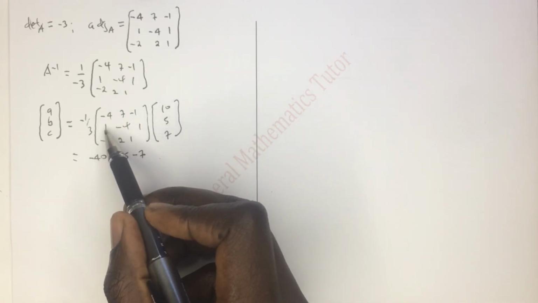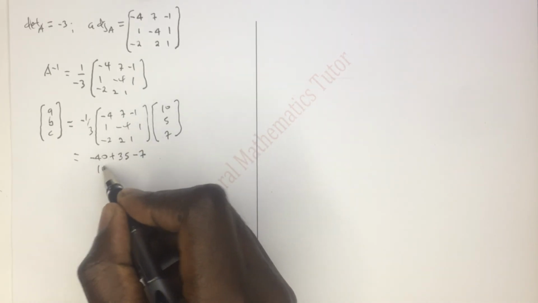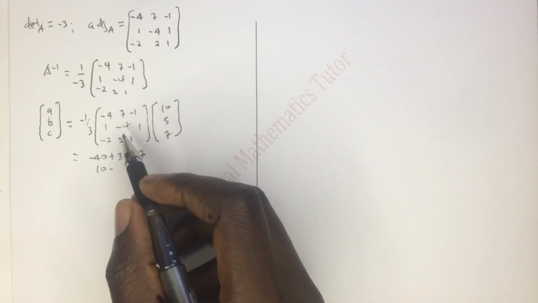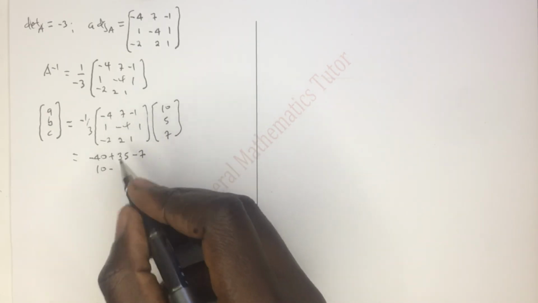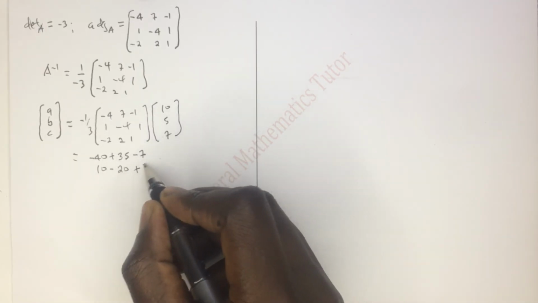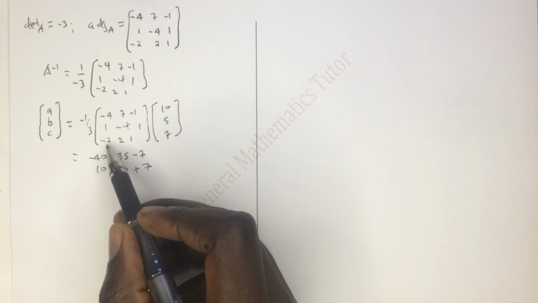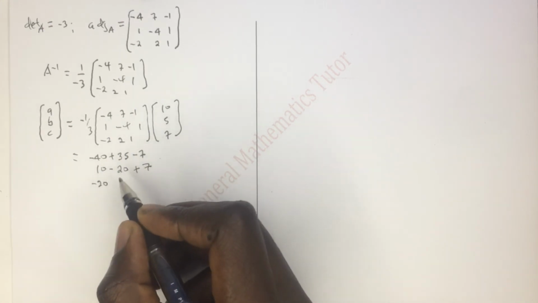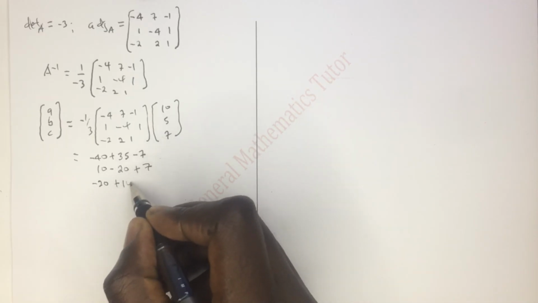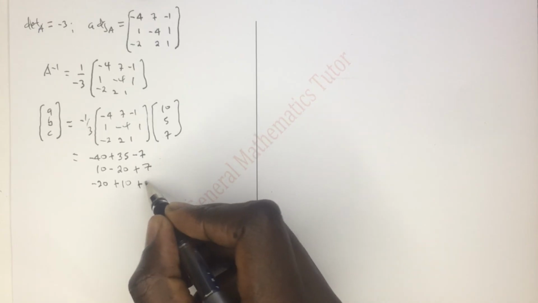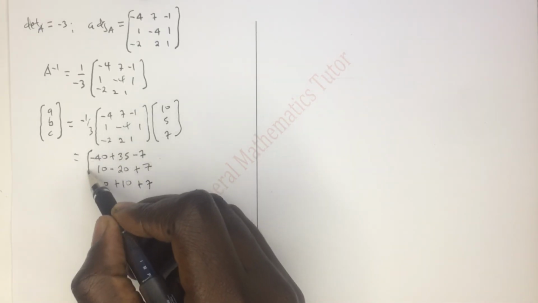Then we have 1 times 10, which is 10, plus -4 times 5, that is -20, plus 1 times 7, which is just 7. Then you have -2 times 10, that is -20, plus 2 times 5, which is 10. Then you have plus 1 times 7, which is just 7.